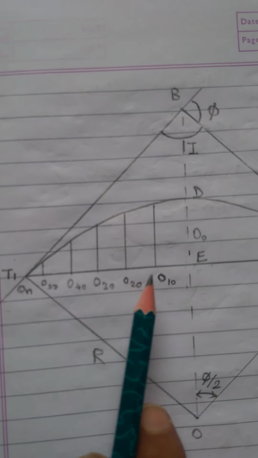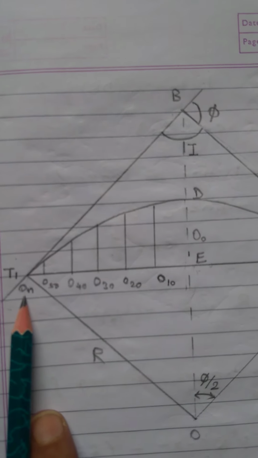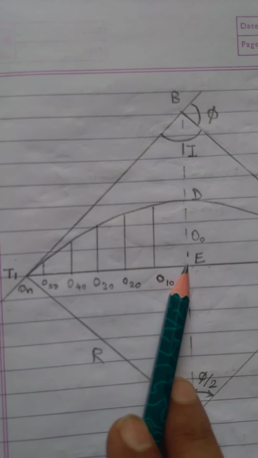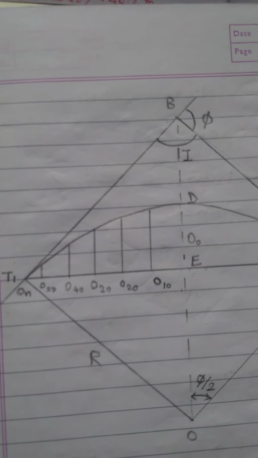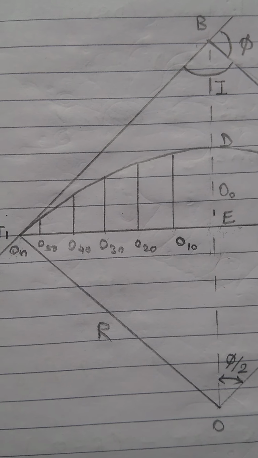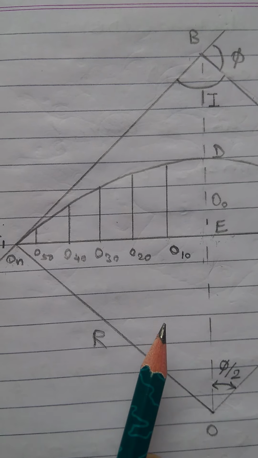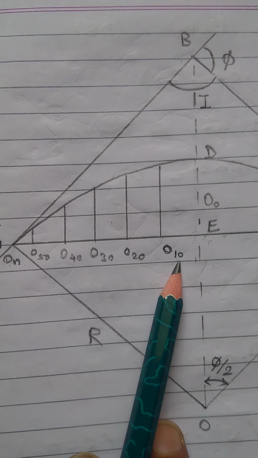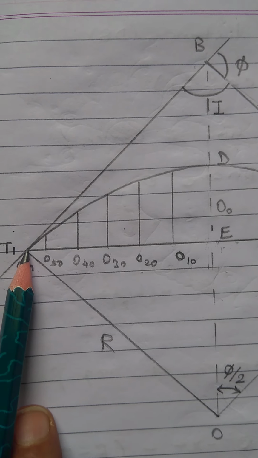If the peg interval is not given, you can assume any value from 5 meter to 30 meter. In this case, I have assumed a value of 10 meter. That's why I have divided the left hand side of the long chord in 10 meter intervals: O10, O20, O30, O40, O50 and ON.